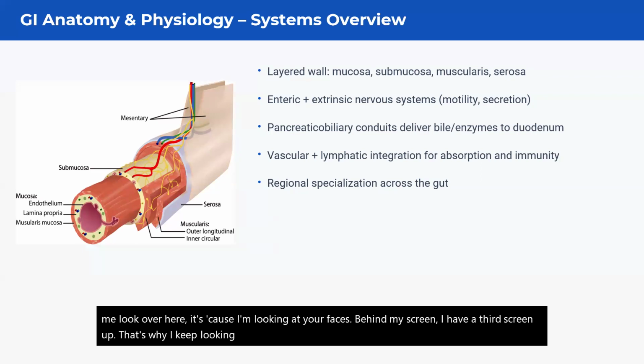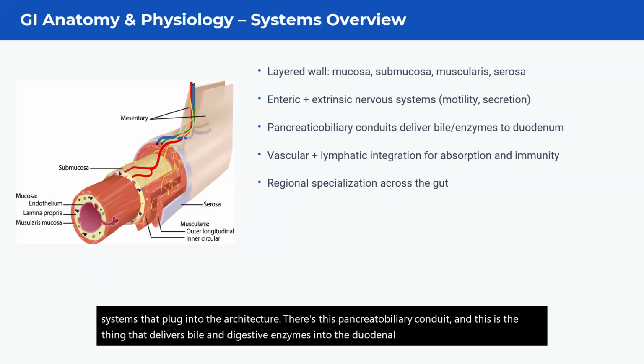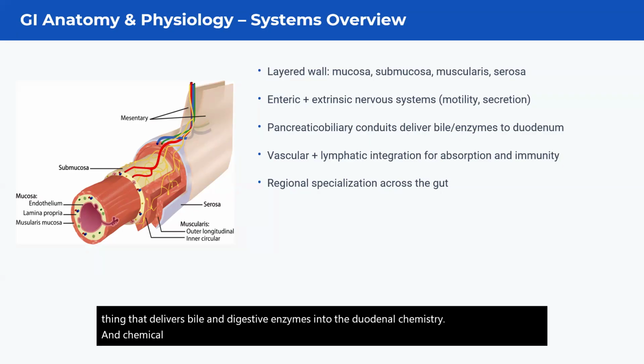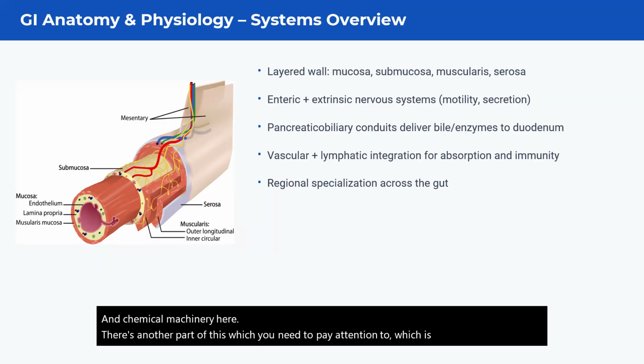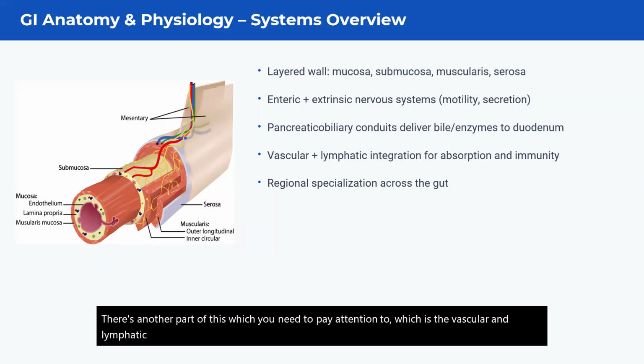Anyway, beyond this wall itself, there are two major systems that plug into the architecture. There's the pancreatobiliary conduit, which delivers bile and digestive enzymes into the duodenal chemical machinery. The other part you need to pay attention to is the vascular and lymphatic network. This is not only to absorb nutrients, but it serves as the first line of immune surveillance.